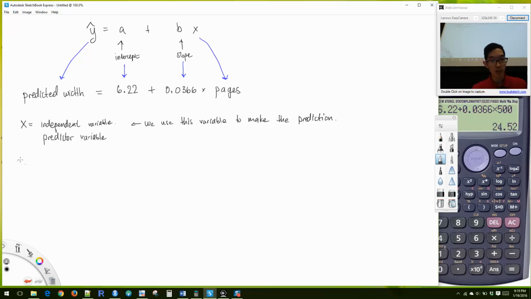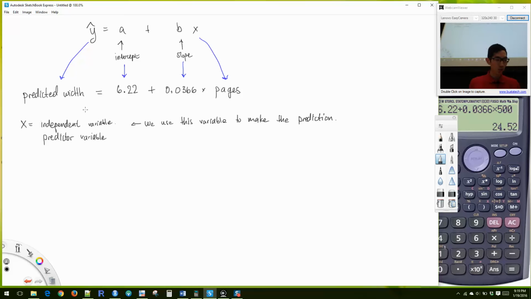In our case, we are using the number of pages to predict how wide the book is. We could have set the whole thing up differently. We could have played the opposite game where I give you the width of the book and you try to tell me how many pages are in the book. But that's not how we set it up. So how you set it up matters.